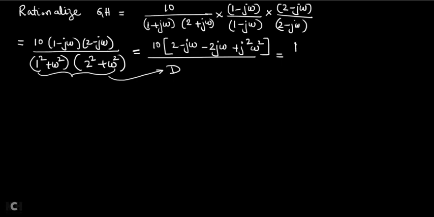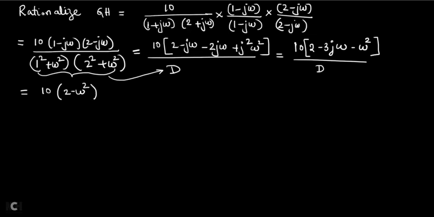Now simplify in the numerator. You have minus j omega minus 2j omega. What happens to that? It becomes minus 3j omega. What is j square? J square is minus 1. So minus 1 into omega square, divided by D. Now can you separate the real term and the imaginary term here? Yes. 10 into 2 minus omega square I can write, and then I can take j common.